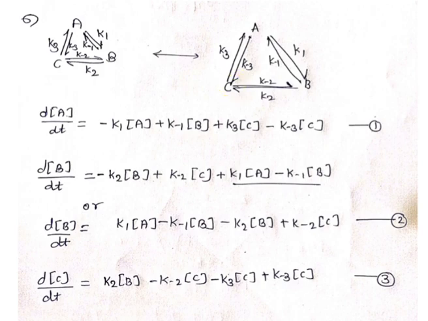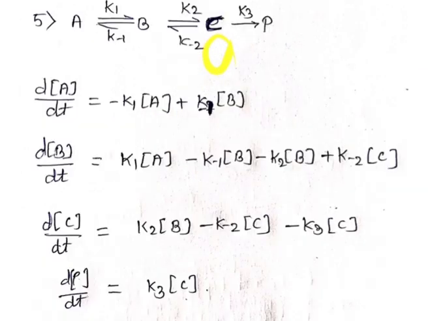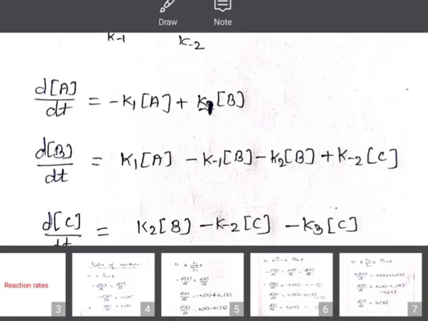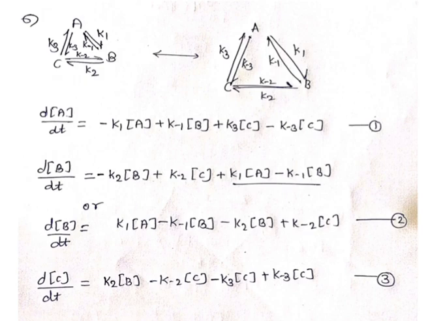C. Minus, with rate K3 it is decreasing to form A, so therefore it is a decreasing rate, therefore minus, rate constant is K3, and C species is decreasing, so written as minus K3 into concentration of C plus K minus 3 into concentration of A, because with rate K minus 3 C species is again forming, so the rate is positive. K minus 3 is the rate constant, and the concentration of C is increasing.